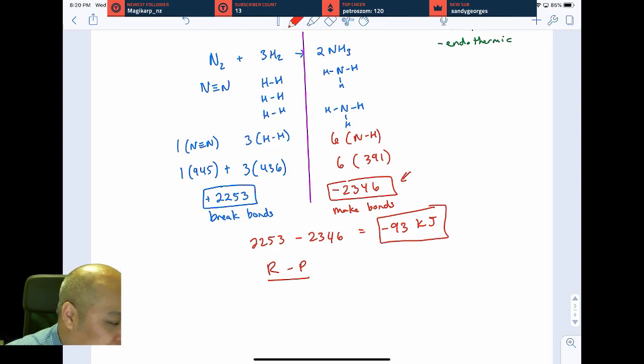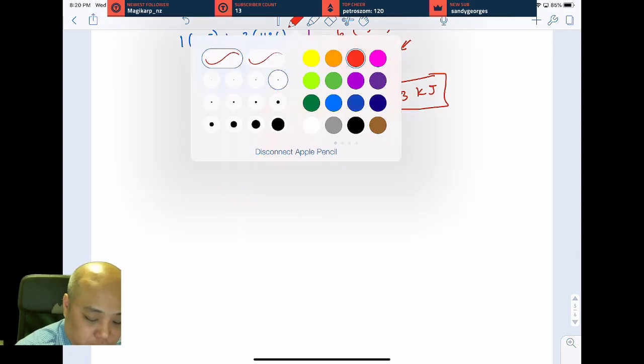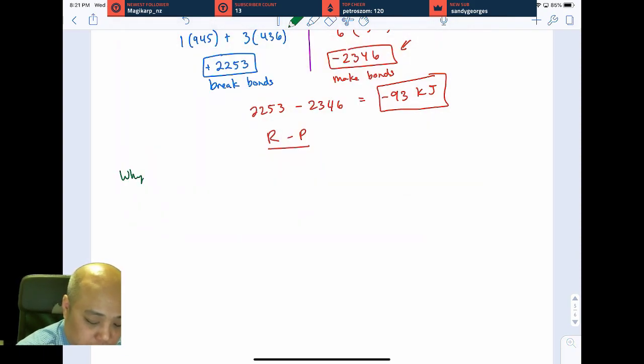Now, there is one more thing. I'm looking at the concepts here that you want to take into account, which is why are bond enthalpies less accurate than delta H fs.